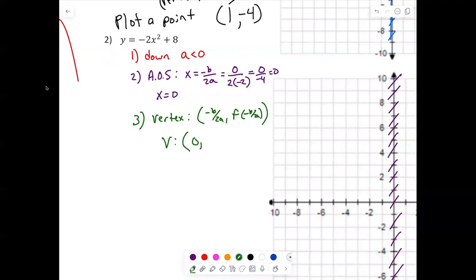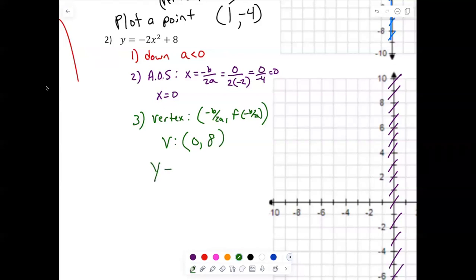0, comma, if I plug in 0 for x, what do I get? I get 8. How does she know that?